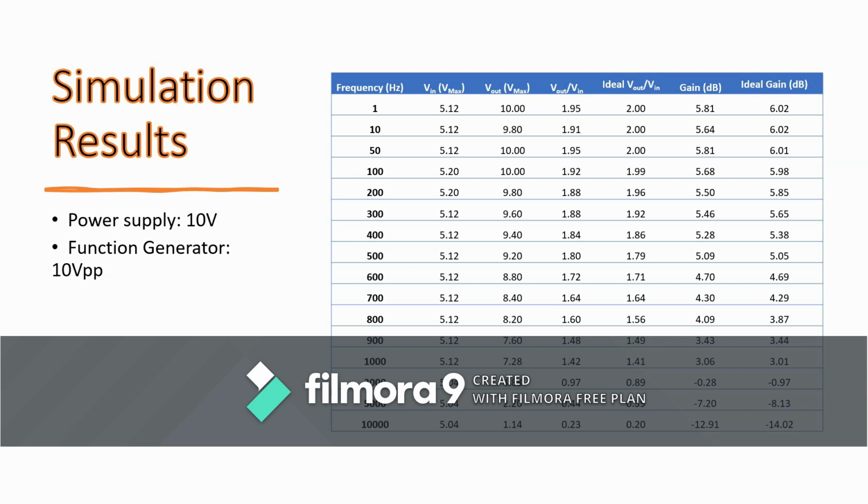So the table at the right hand side is the result I simulated. I inserted input signals from 1 hertz until 10 kilohertz, and the V in and V out are the values that I obtained. That is also the ideal V out, V in and ideal gain I calculated in this table, because I need to show the comparison between the ideal and the practical results to have a clear reference.